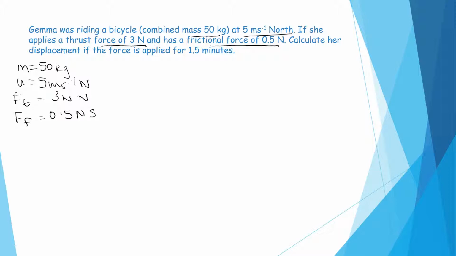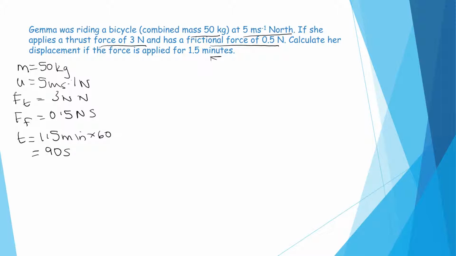We're going to calculate her displacement if the time period was 1.5 minutes. Now immediately there should be some alarm bells going off, because this is in minutes. And we always do our calculations in seconds, so we're going to times it by 60, which is 90 seconds.